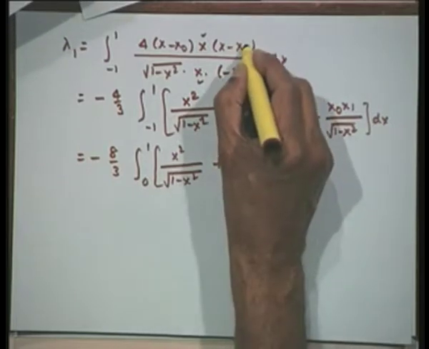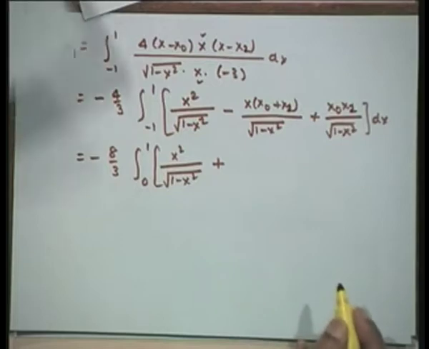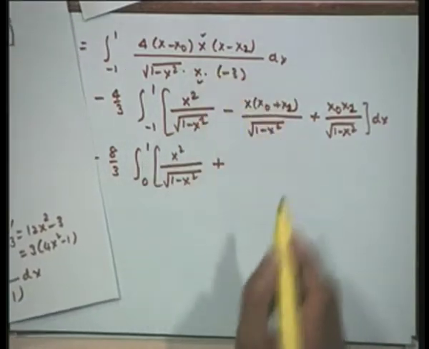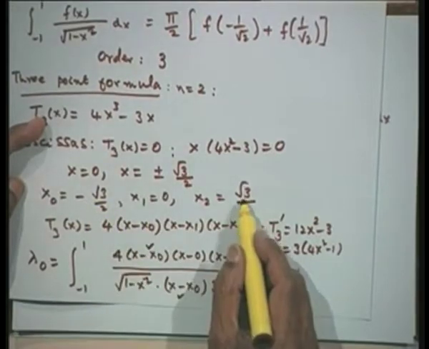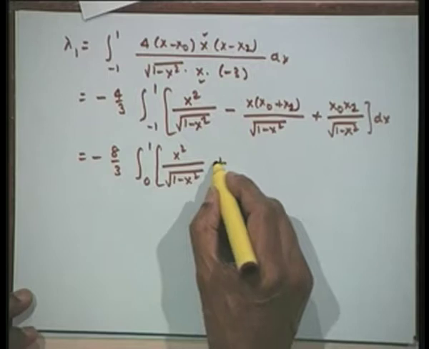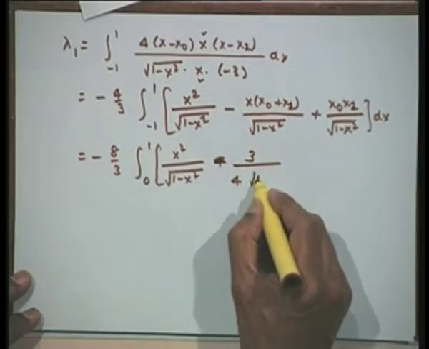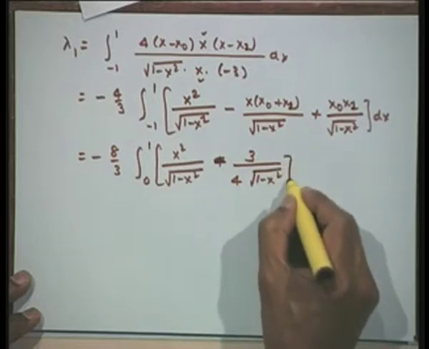We are using it as x 2, the middle one x 1 was 0. So x naught plus x 2, x naught into x 2 is the product of these two, that is minus 3 by 4. So let us make this minus 3 by 4 into under root of 1 minus x squared dx.